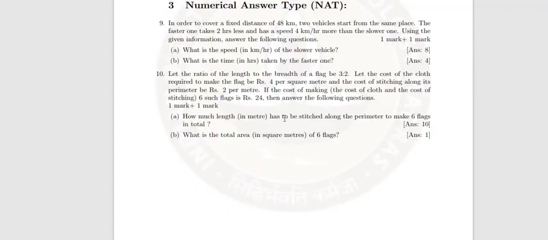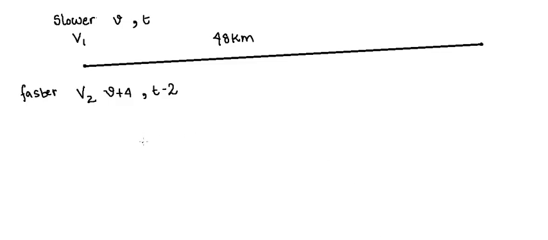Fine. According to this given information, we have to find out the speed in kilometer per hour of the slower vehicle. As you know, the distance traveled by the slower one is 48 kilometer. The velocity was v and the time was t. So for V1, velocity into time is equal to 48.